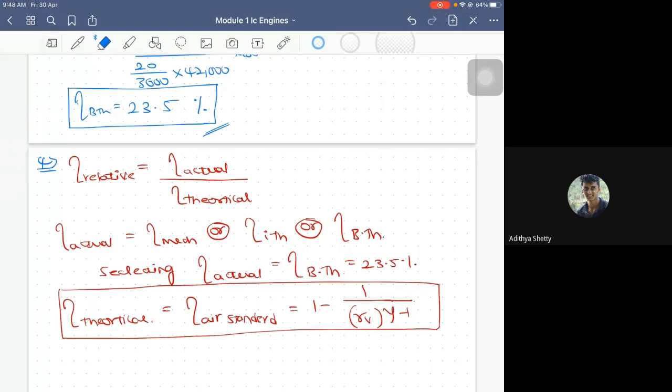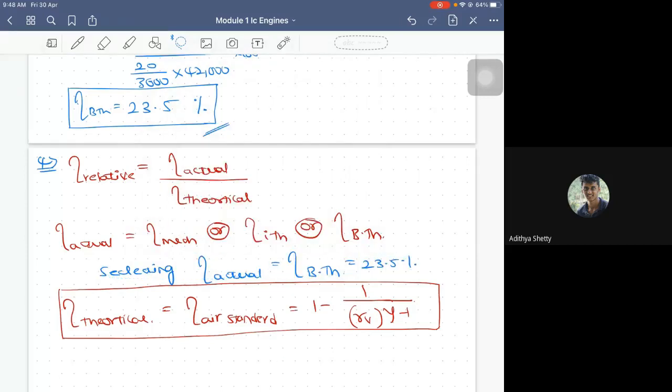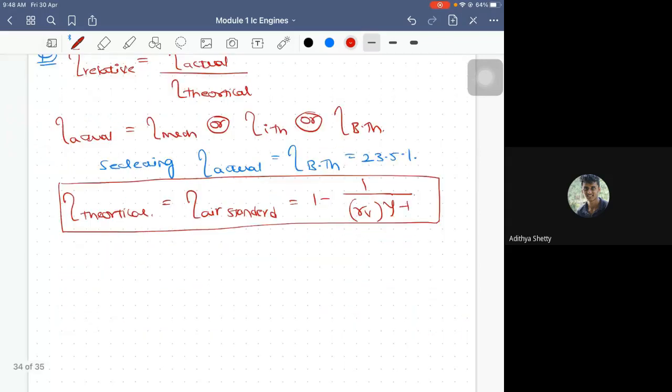Is that clear? Now I would define what is RV. RV is nothing but the compression ratio. What is RV? This is important to be understood.